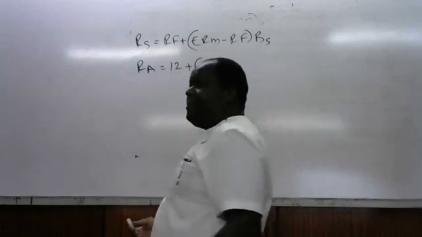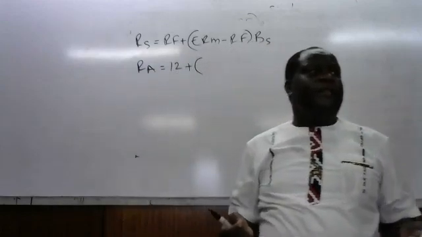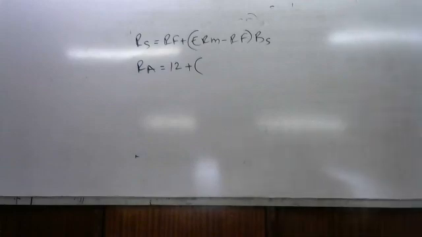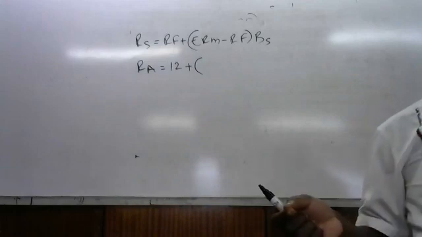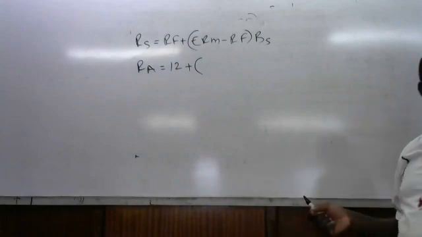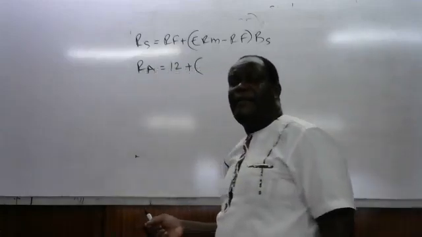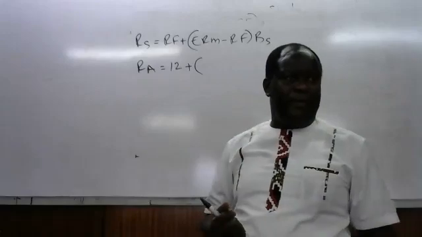Then the expected return for the market is the one for the NSC index. We should have it as a percentage. They gave you an index, so multiplied by 100% to convert it into a percentage, it will be 18.5%. Always the returns must be in the form of percentages.